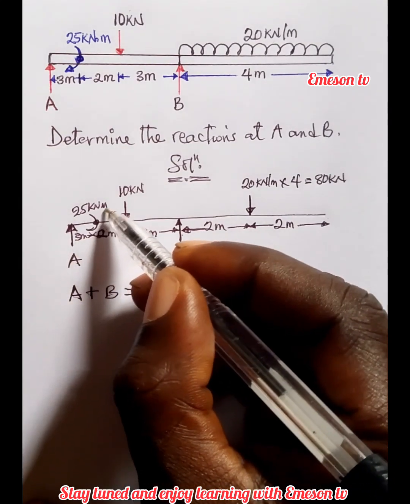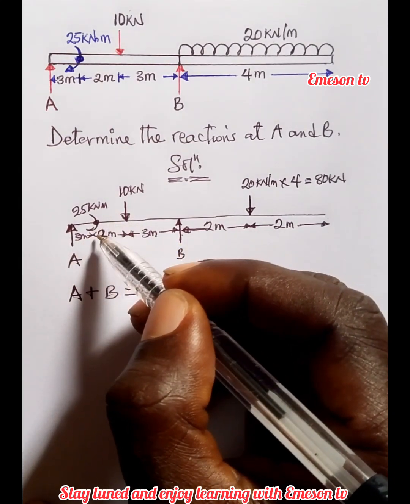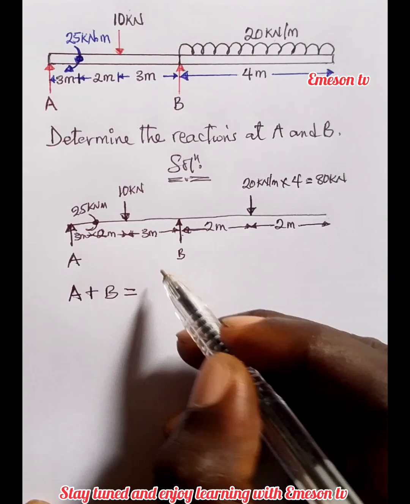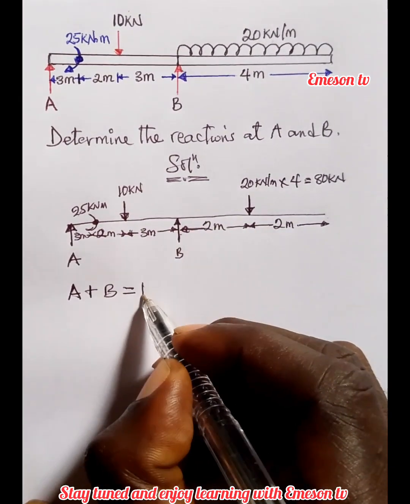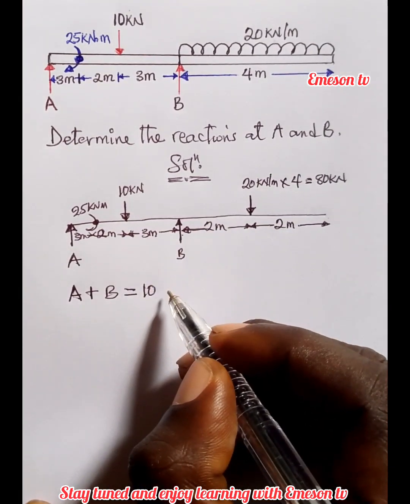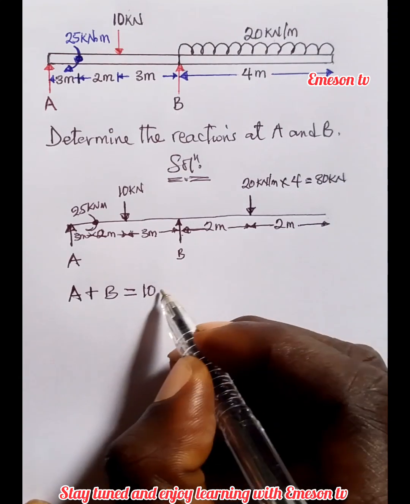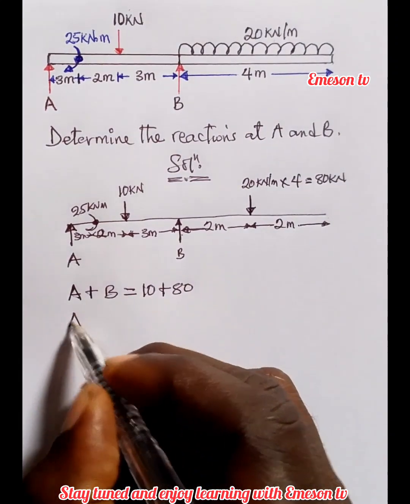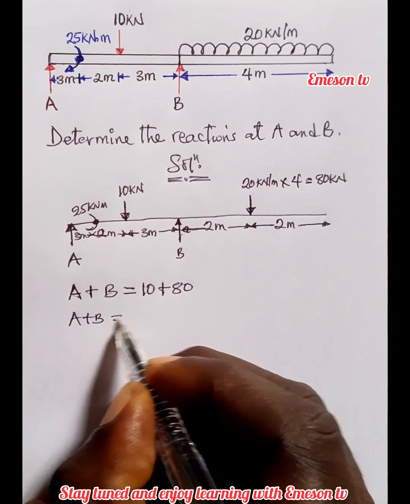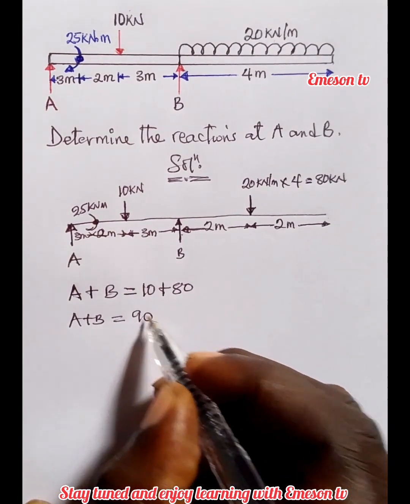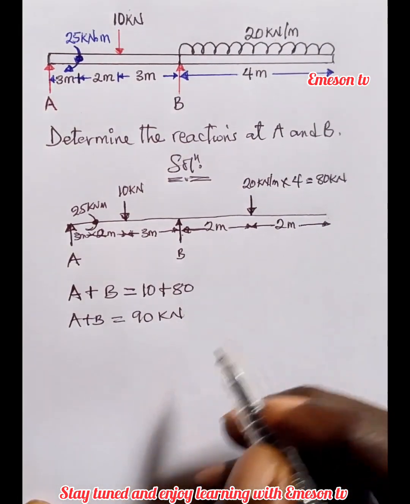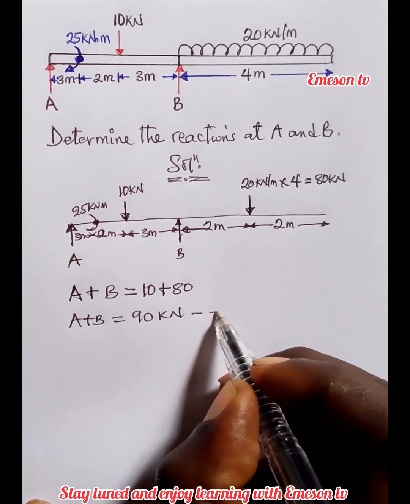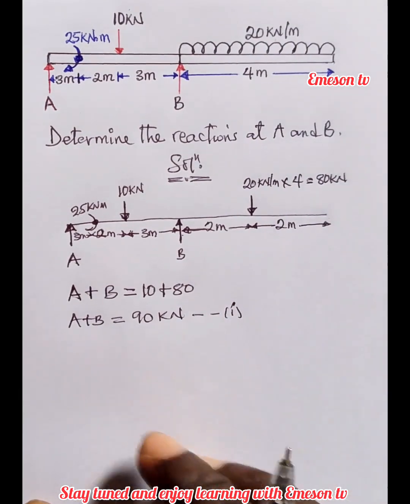This 25 kilonewton meter is not a force, it's a moment, so we will not consider it. So we come to this point. Here is 10 and 80. So we have A plus B equals 90 kilonewton. Let's call this equation 1.